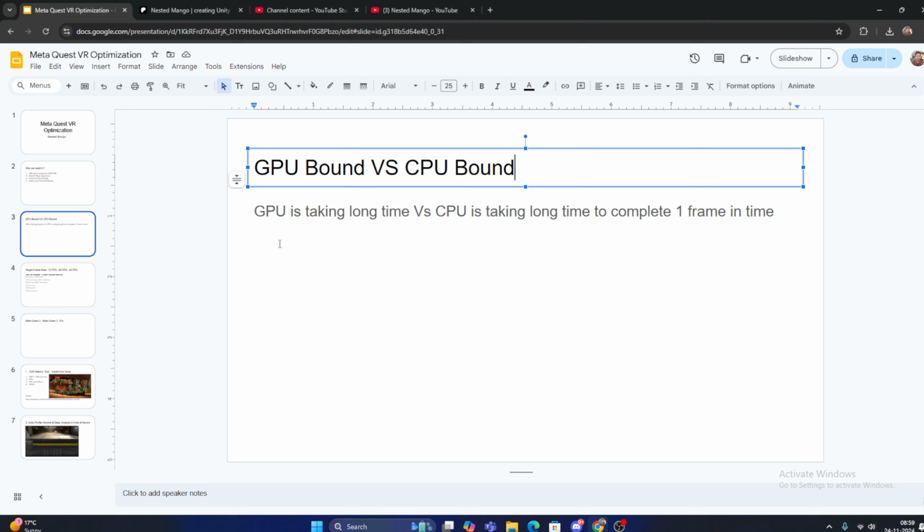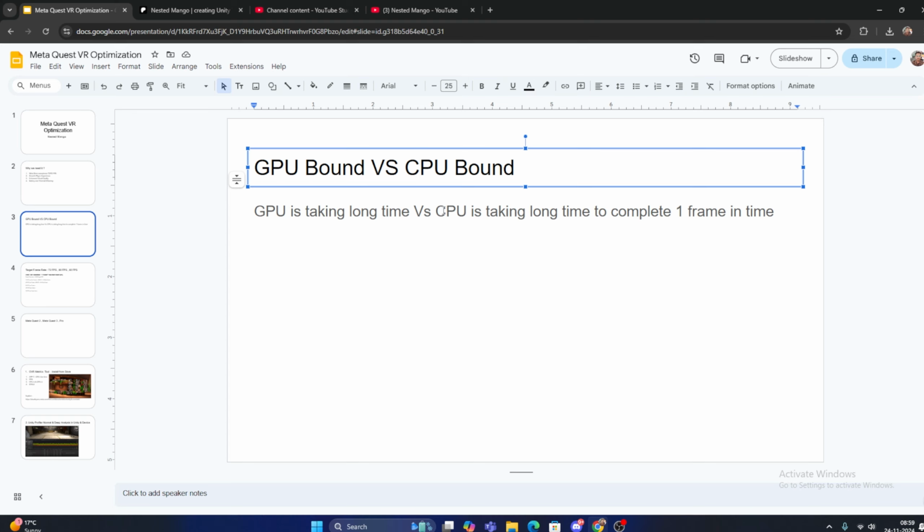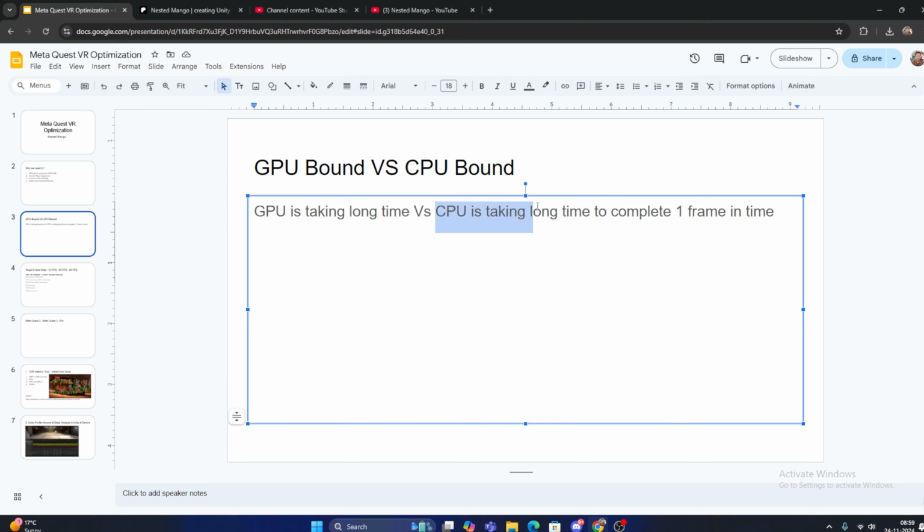And what is GPU bound? If the GPU is taking a very long time to complete one frame, at that time it is called GPU bound. And CPU bound is when the CPU is taking a longer time to complete one frame. Why am I saying it is taking longer?